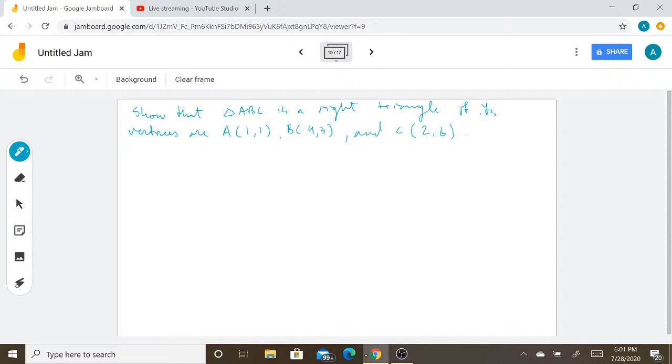And to do that, we can find the slopes of each side and see if any of them are opposite reciprocals of another one. So first we can find the slope of side AB, and remember M stands for slope, and if you remember that the equation for slope is the change in y values over the change in x values.